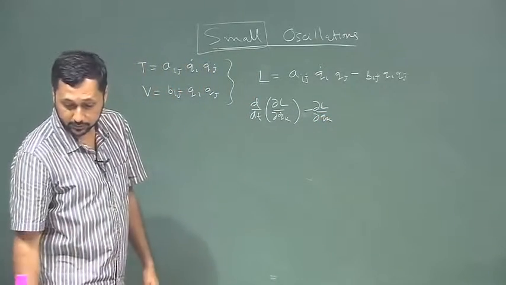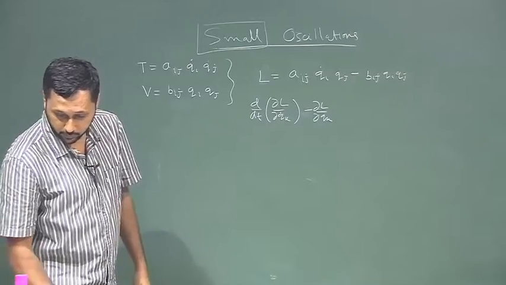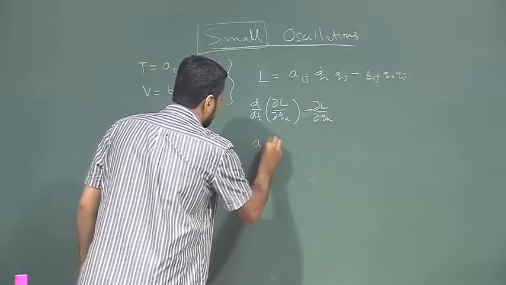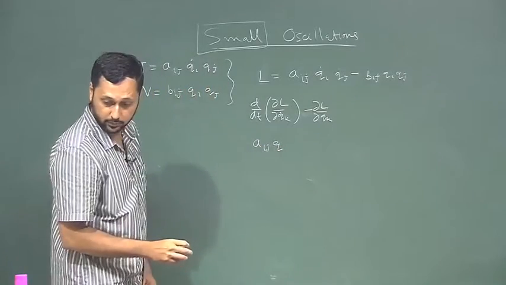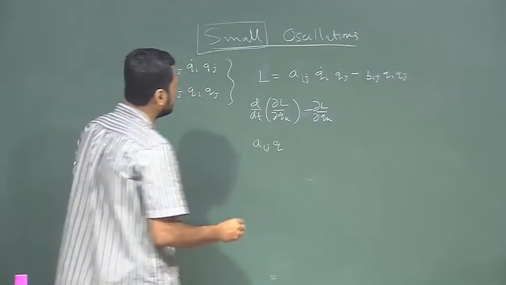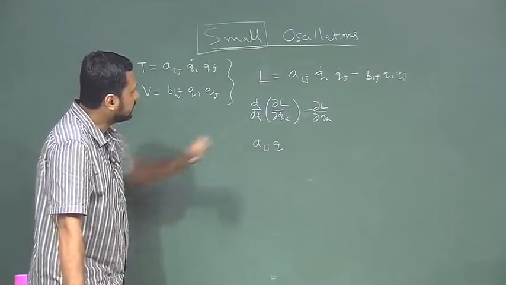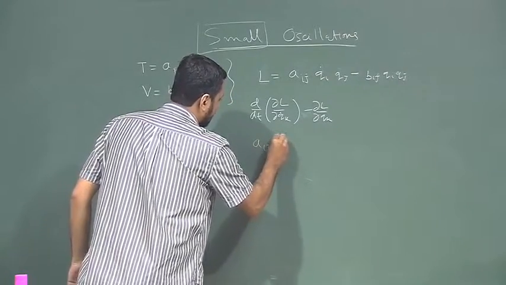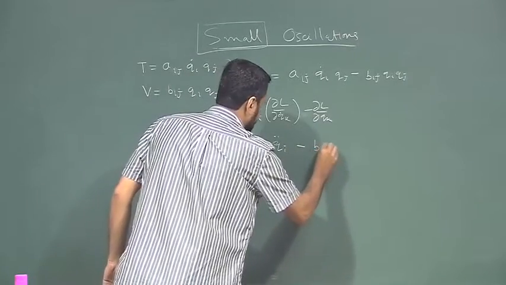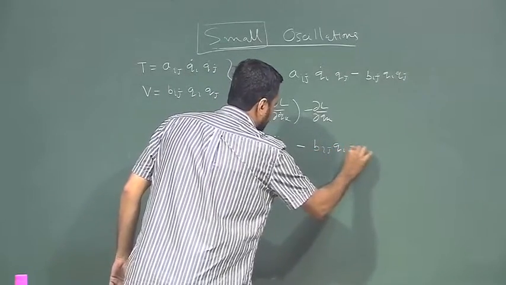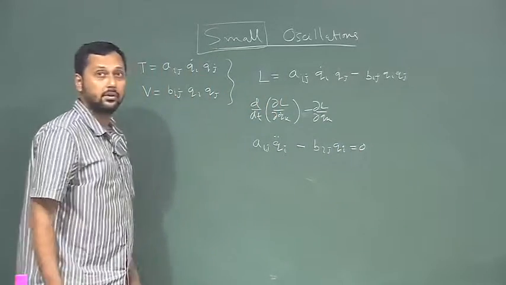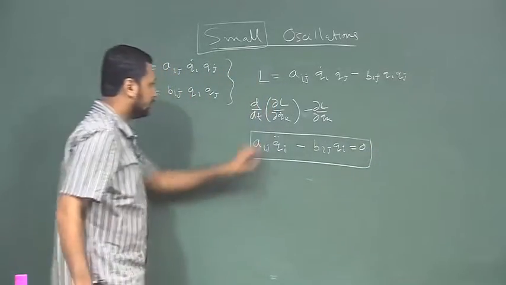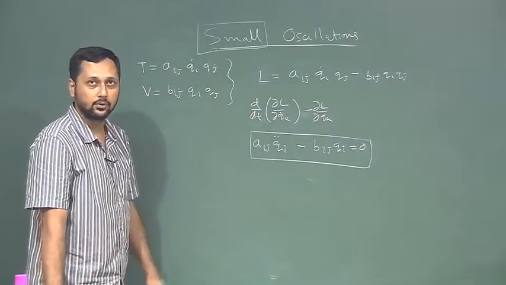And once we do that, it will give you an equation which will have A i j q j double dot, since I have to choose the kth coordinate, minus B i j q i equal to 0. Very good. So, we have in principle solved the problem, because we have the equation of motion for each of these coordinates, and we are good.